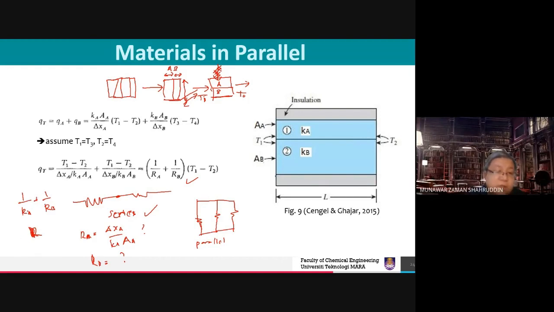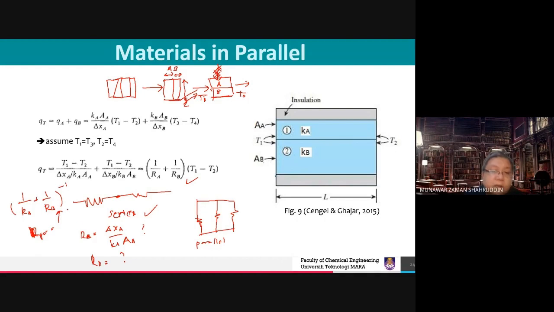It's the summation of 1 over RA plus 1 over RB. So if you want to determine the R parallel here, it's basically 1 over RA plus 1 over RB, the inverse of this operation. So this is R parallel.